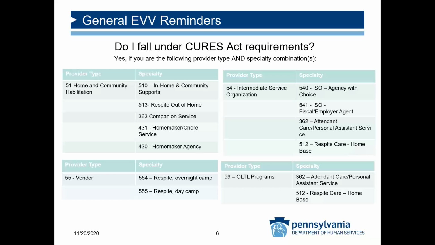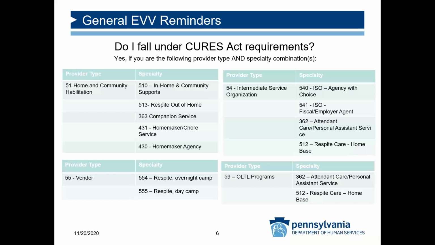So just a reminder too that, when we're talking about personal care services and whether or not your services fall under the Cures Act requirements and therefore apply to EVV, you'll see that we are sharing here the provider type and specialties, the combinations that do apply to EVV at this time. And you'll see 51 home and community habilitation, as well as the specialties of 510, 513, 363, 431, and 430 are included here.